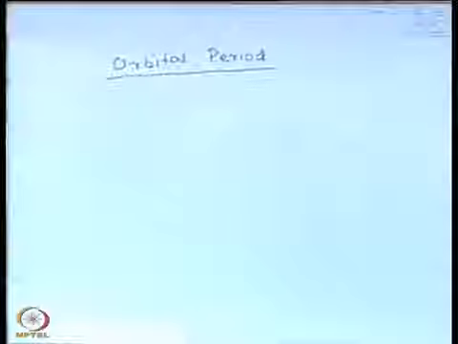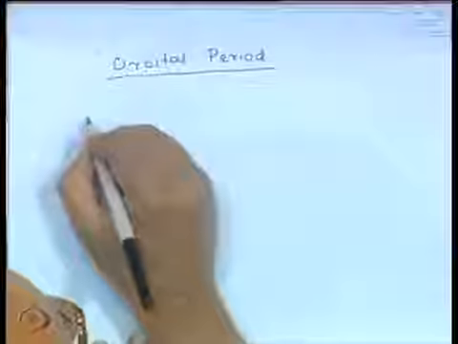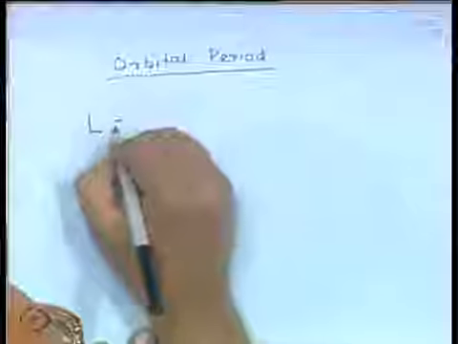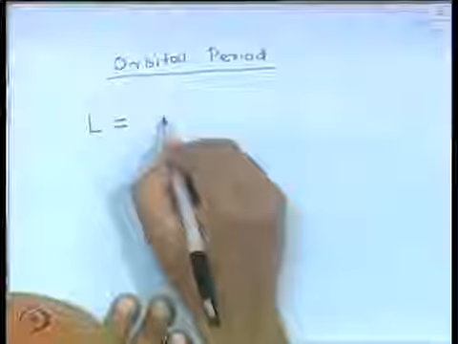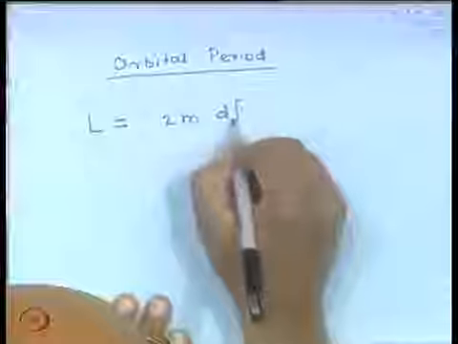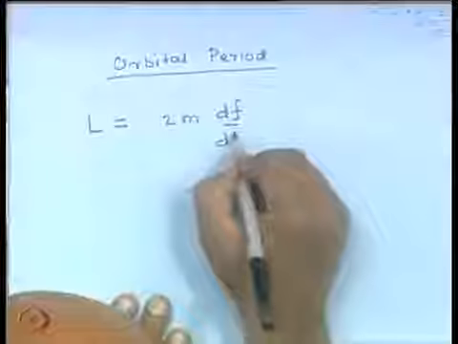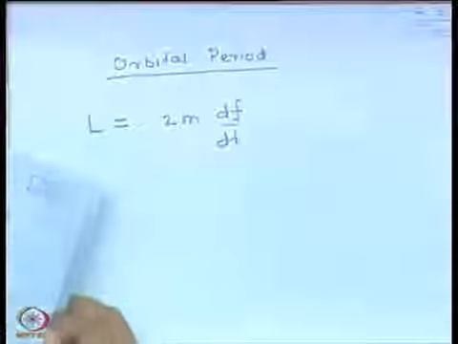Now, we have seen that the sectorial velocity is conserved, it is related to the angular momentum and it is conserved. So, what we saw was that the angular momentum L is equal to 2 into the mass of the particle into df/dt, where f is the area enclosed by the orbit.